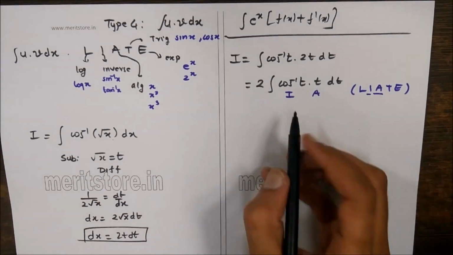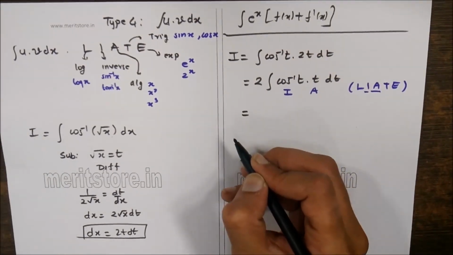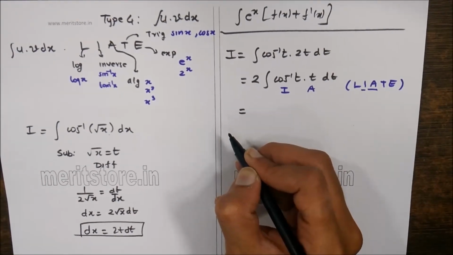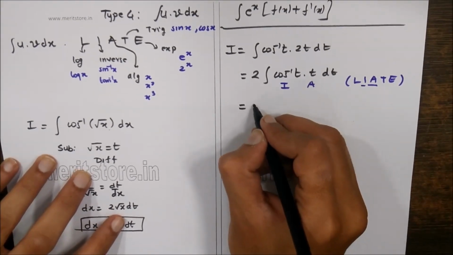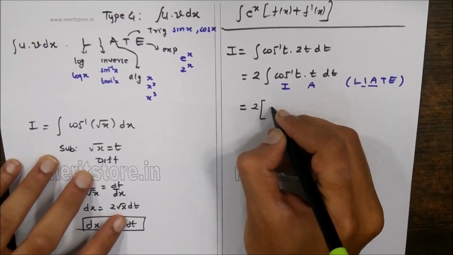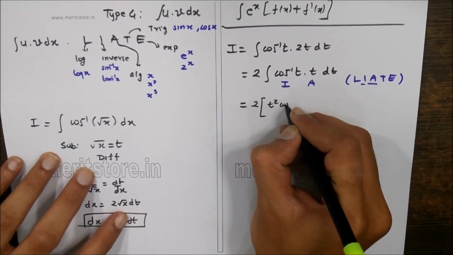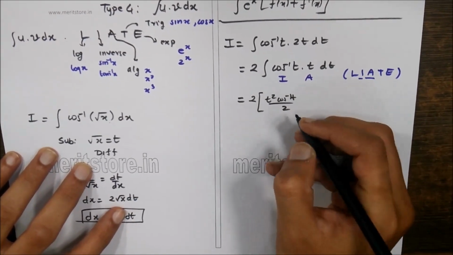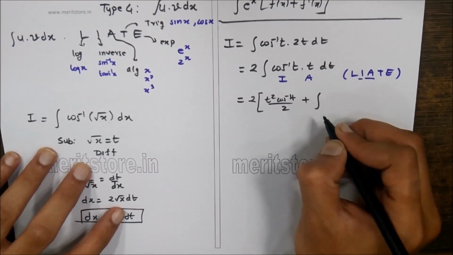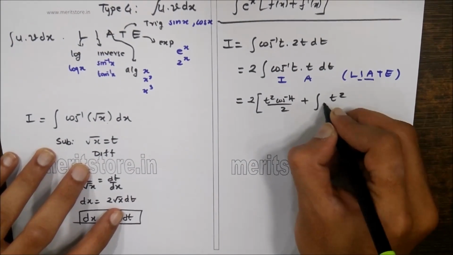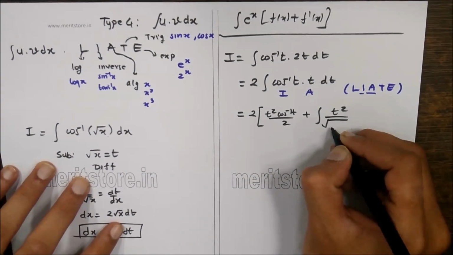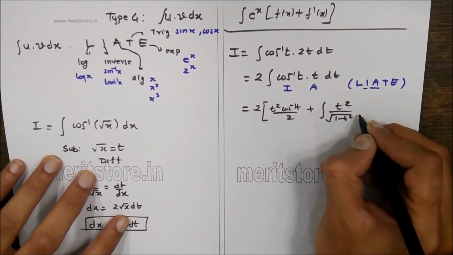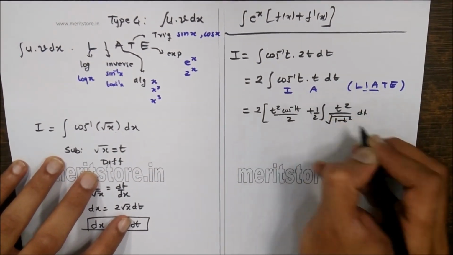Applying the formula of u into v, we'll get the term as 2 times brackets t square cos inverse of t plus integral of t square upon root of 1 minus t square with a half outside.